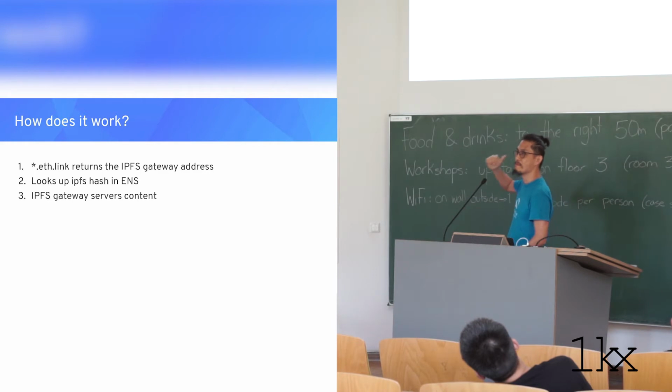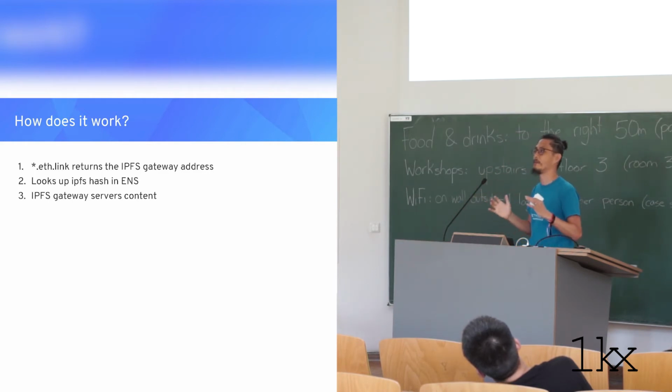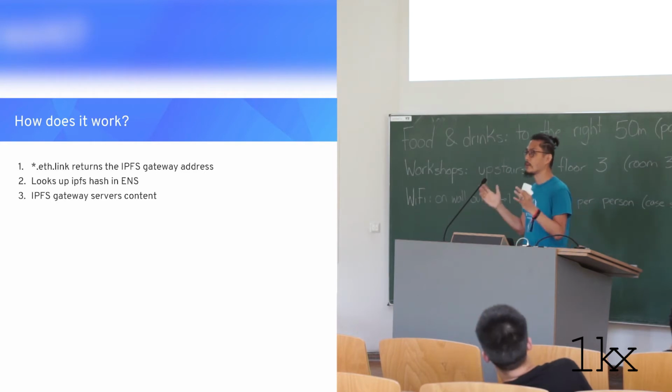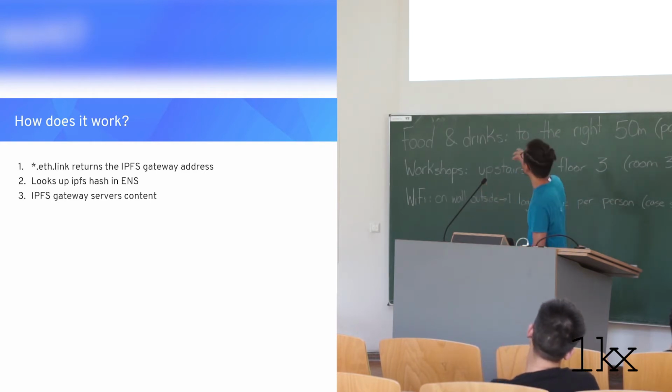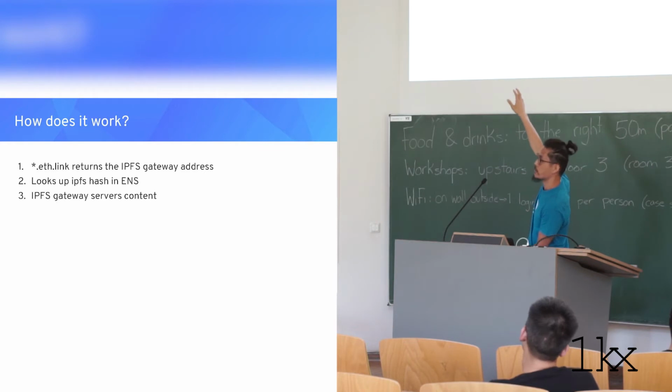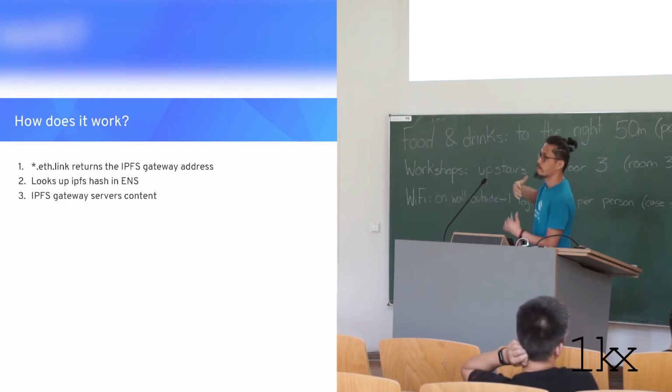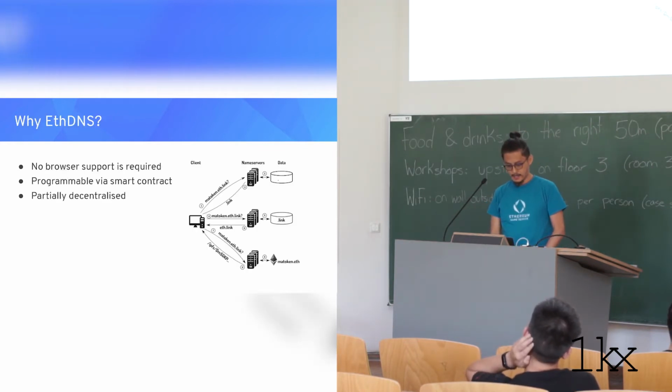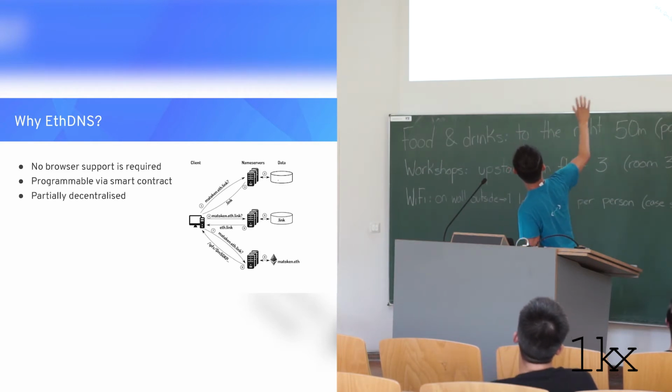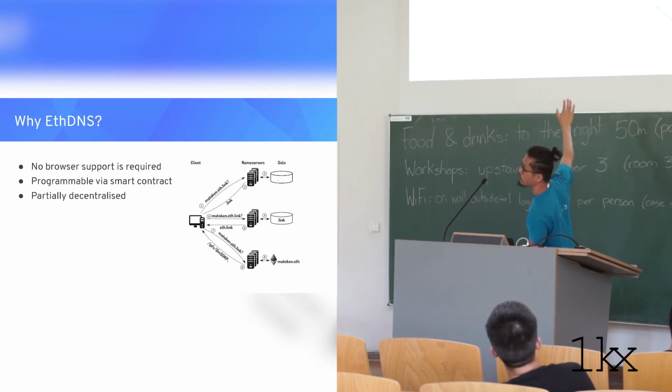Jim made special purpose DNS software so that, as long as the content hash is set, it automatically sets the DNS record to this. So you can see the IPFS content. No browser support is required, and it's programmable via smart contract.